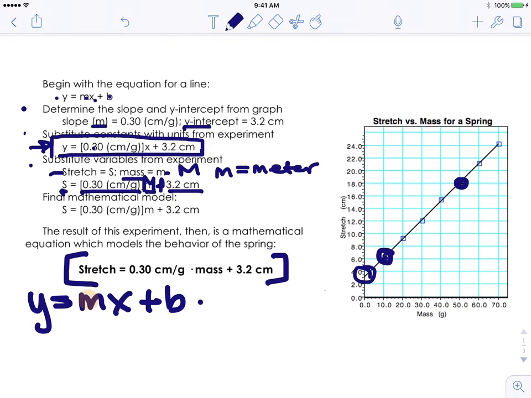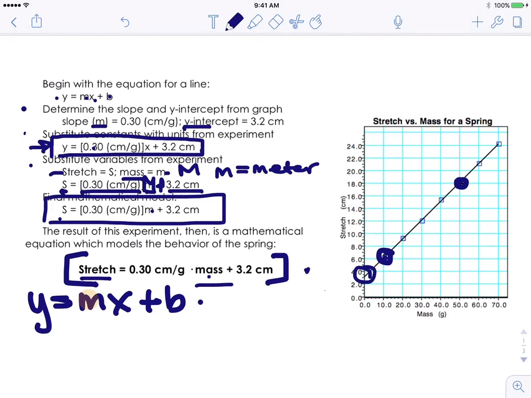So this right here, which is the same thing right above it, is our final mathematical model. If you see this one right here, they've simply written out the words instead of leaving S for stretch or M for mass. Either way is fine.